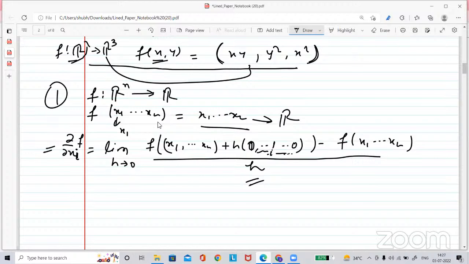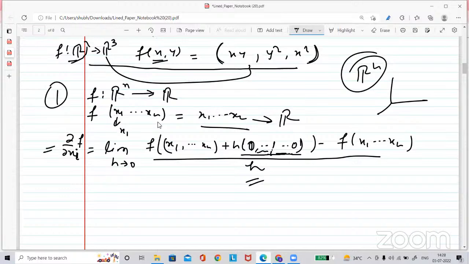The same thing we are doing here is with respect to some variable. Think of this as a vector in Rn, and this vector is a unit vector along the ith axis. Suppose you have 3 coordinates: this is the x axis, this is the y axis, this is the z axis. The unit vector in the direction of the y axis is going to be (0, 1, 0).